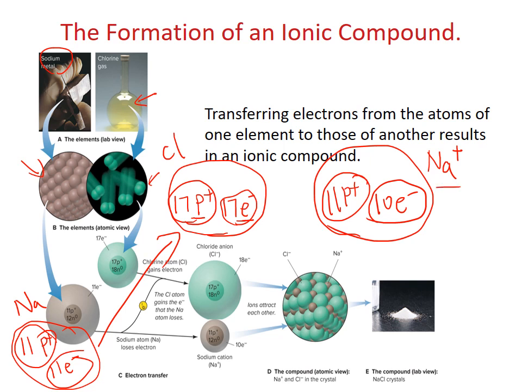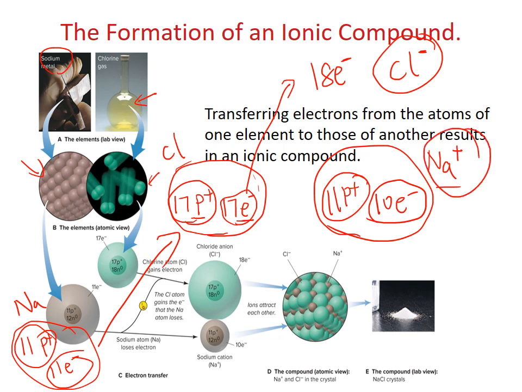On the other hand, the chlorine atom, by gaining one electron, now has 18 electrons. And therefore, the chlorine atom has one more negatively charged electron than the number of protons, and the chlorine becomes negatively charged, called a chloride anion.